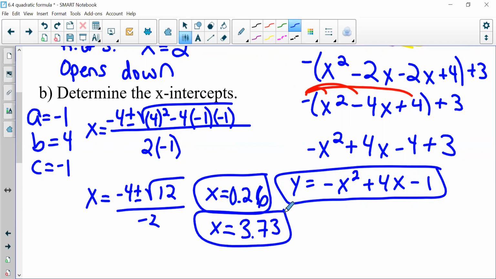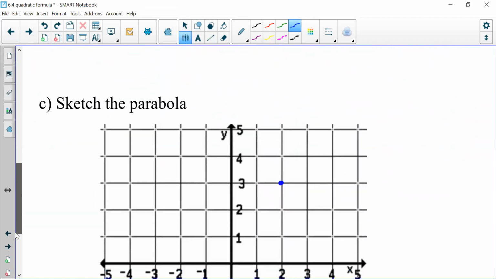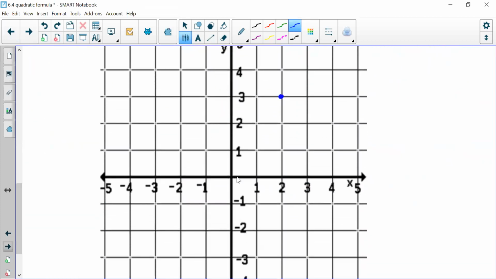Okay. You will not be graphing like you did in chapter 4, where you have to use your A value to figure out the shape. The question will only ever be, put the x-intercepts on the graph and your vertex and connect them. I have 3 points right now. I have the vertex and I have these 2, 0.26, so at about a quarter. So I'm going to estimate that.